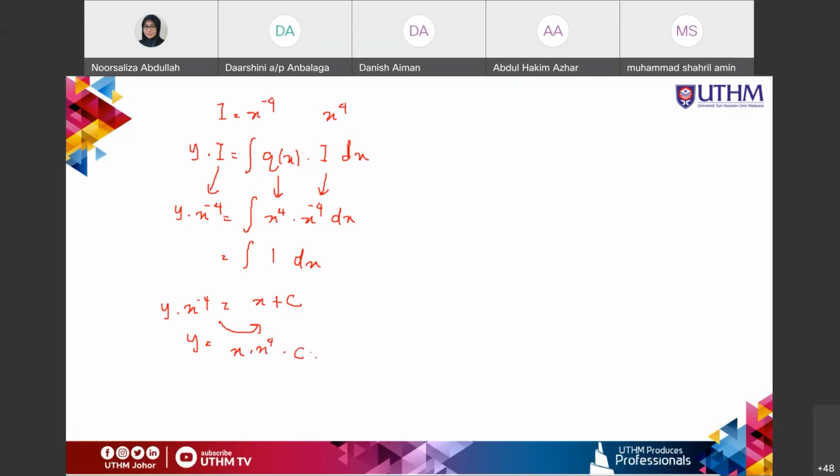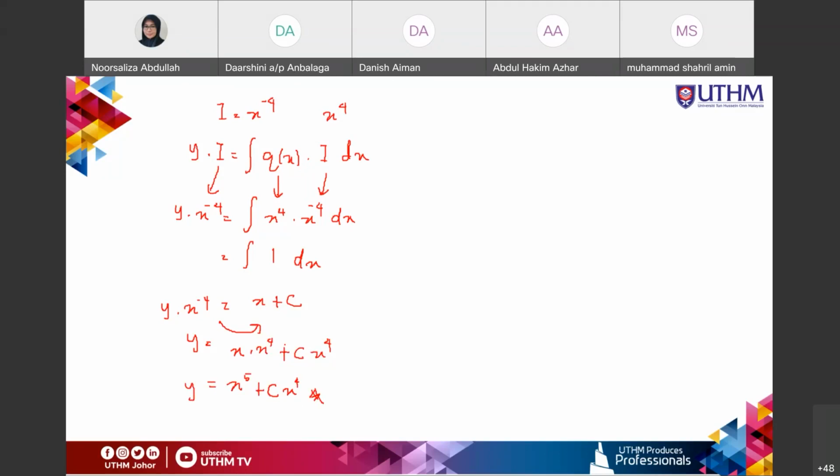Plus with c x power 4. So sama juga dengan x power of 5 plus c x power of 4. So the general solution is this one.